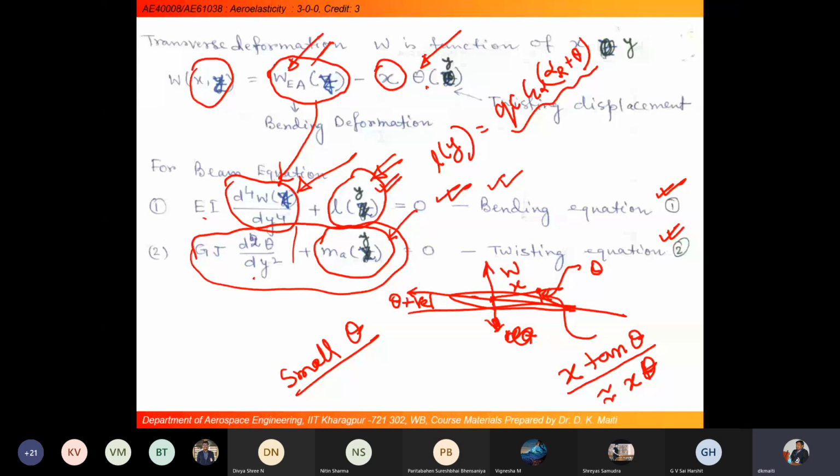We substitute that in this equation, and then we can get the complete value of moment about the elastic axis. So the first equation is the coupled equation, whereas the second equation is uncoupled. In the second equation, we don't need W to be substituted to find the rotational deflection.